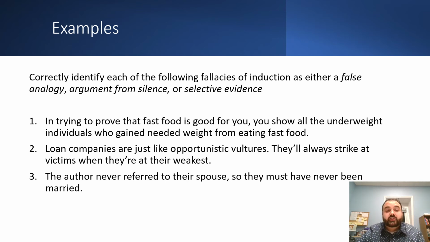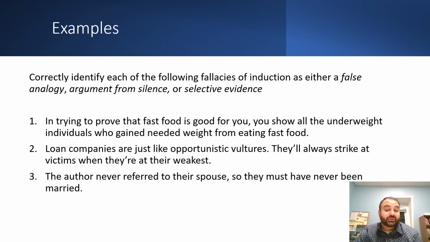The first one: in trying to prove that fast food is good for you, you show all the underweight individuals who gain needed weight from eating fast food. This would be an example of selective evidence. Say someone needs to put on weight for health reasons. That is a thing. Someone needs to bulk up with good muscle for an athletic competition, or someone needs to go into a surgery procedure and needs to add weight.